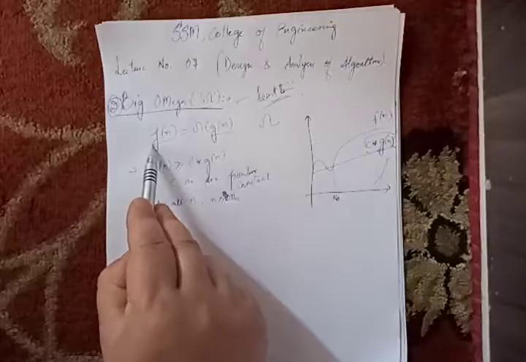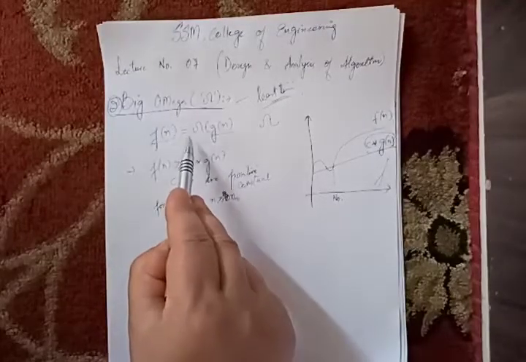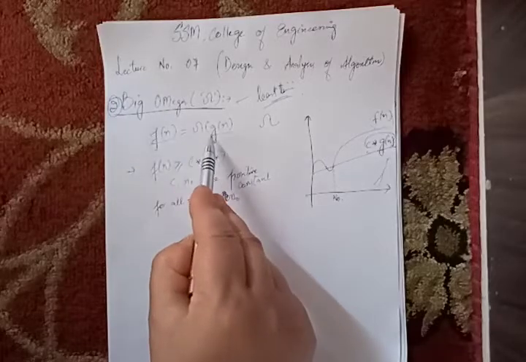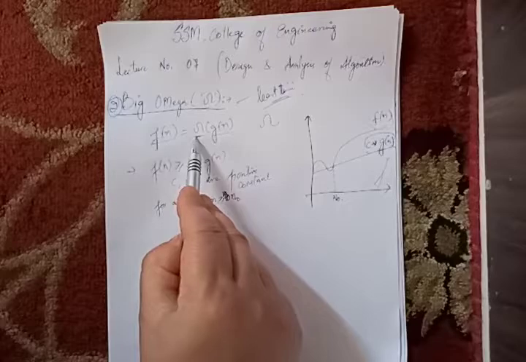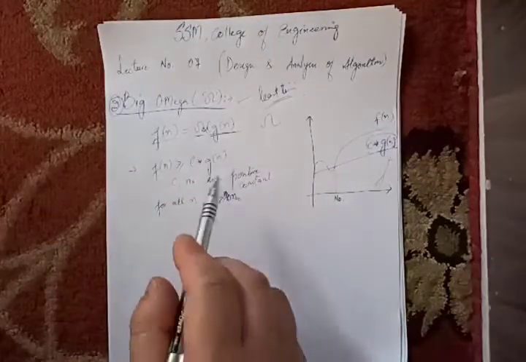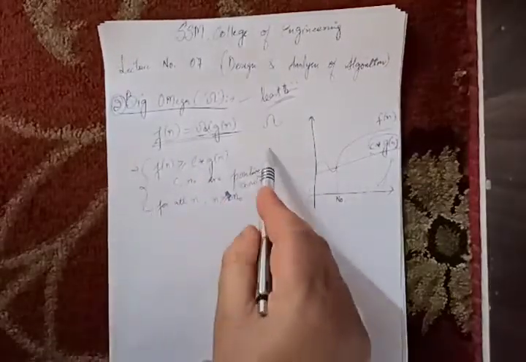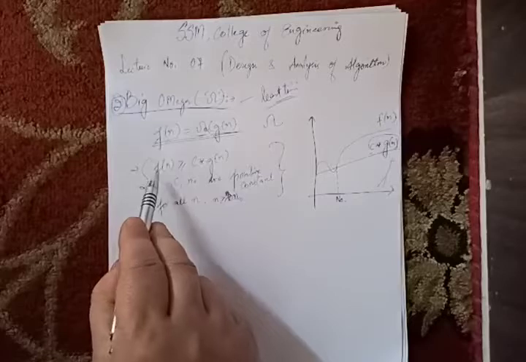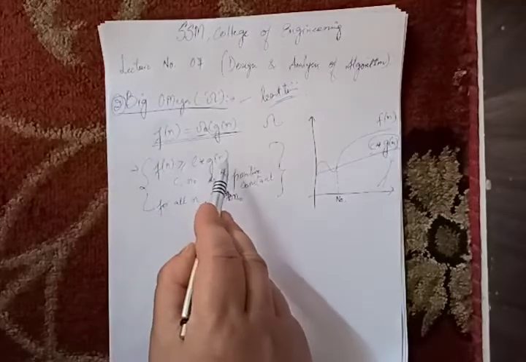It means the execution time of this function on input size n is omega of the minimum time. We can say this only if this condition is satisfied, that is f of n should be greater than or equal to constant times g of n.